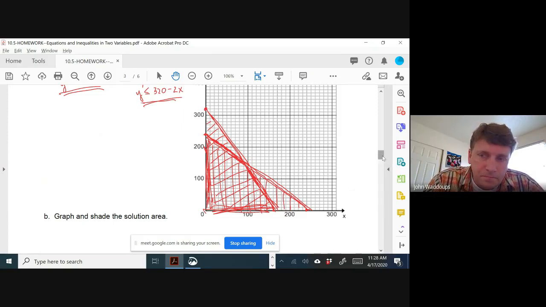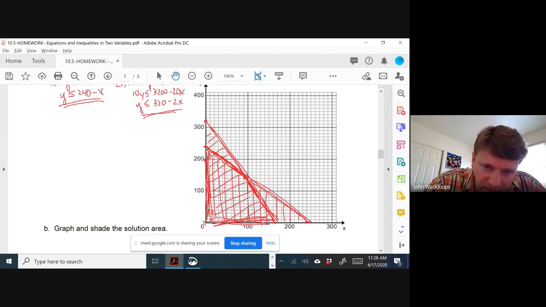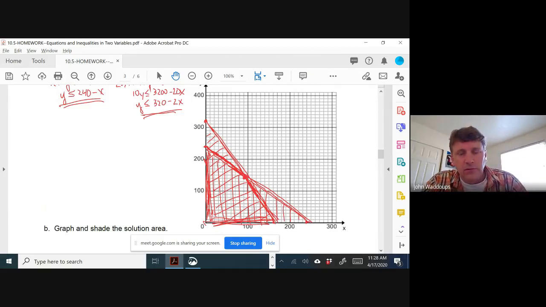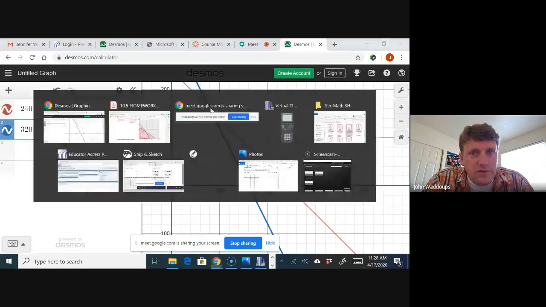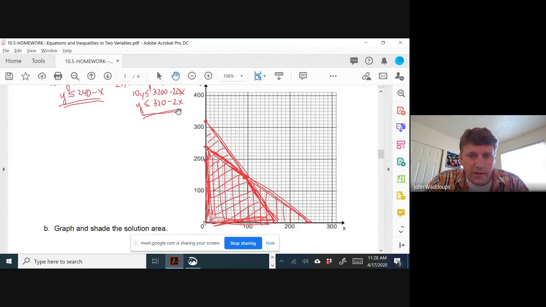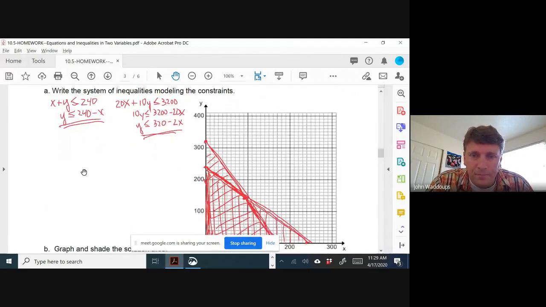The thing about this then is if you've got this point here, for example, where they intersect, would be the point 80, 160. Oh, by the way, it's also a good idea, I did this in the last one but not on this one, just to label it.